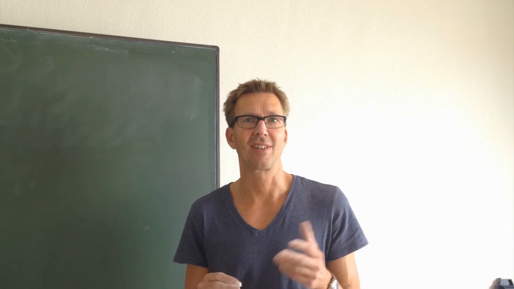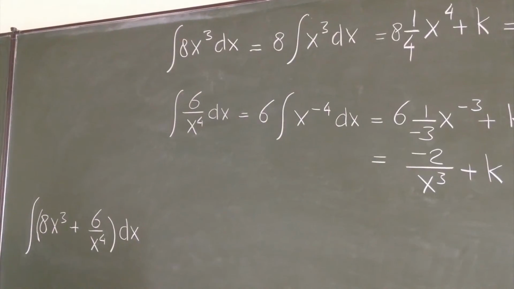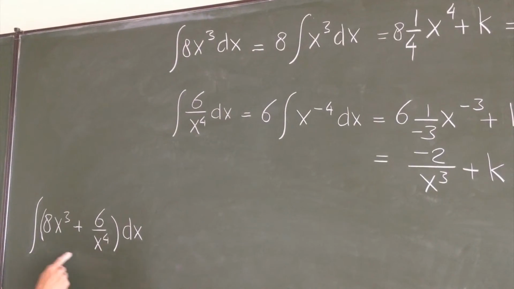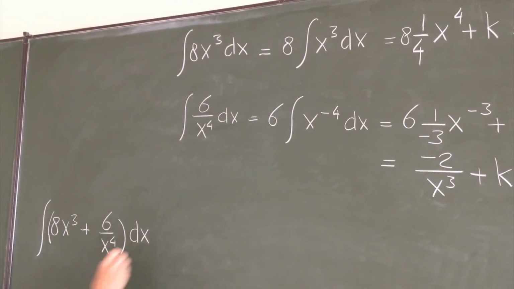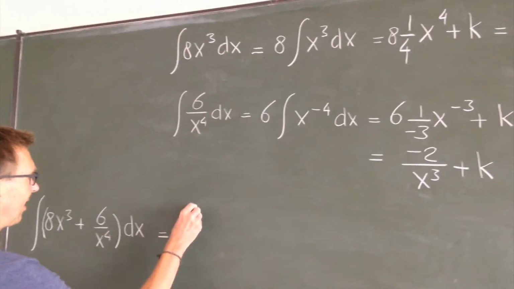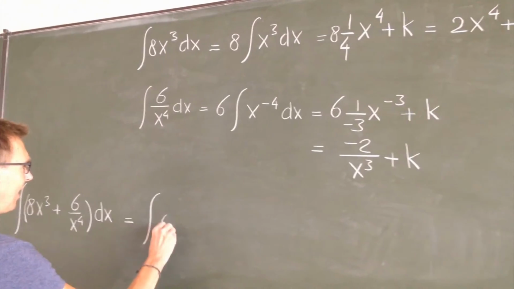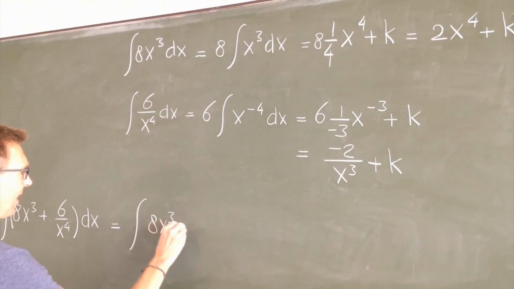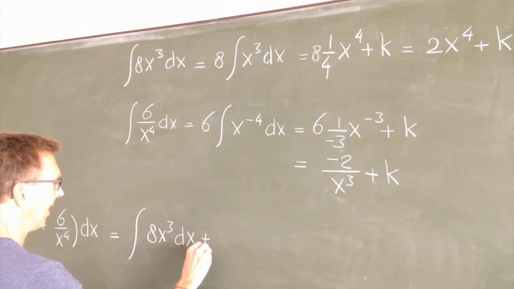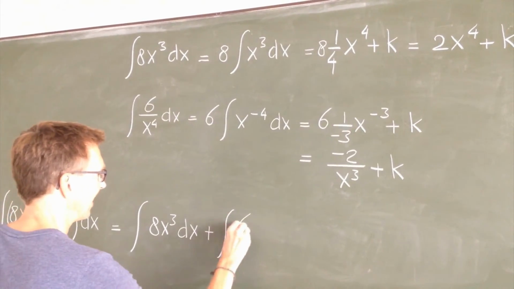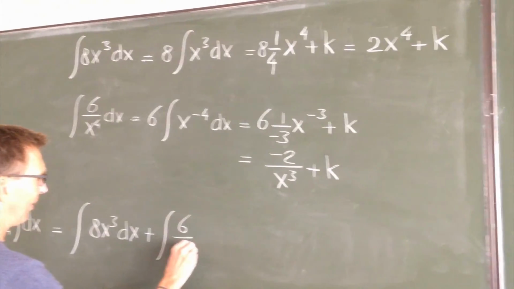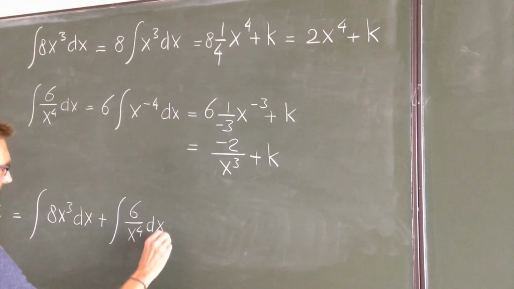If the function you want to integrate consists of a sum of functions, you may integrate these functions separately. Wait, I will show you. Suppose you want to determine the primitive of this rather impressive looking function here. Then you can split up the integral into the sum of two integrals. First, the integral of 8 times x to the power 3 plus the integral of 6 divided by x to the power 4.